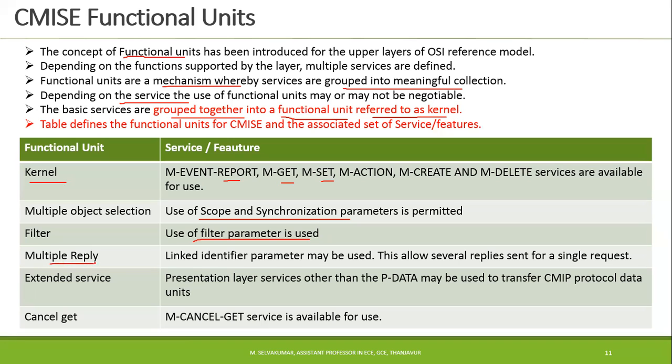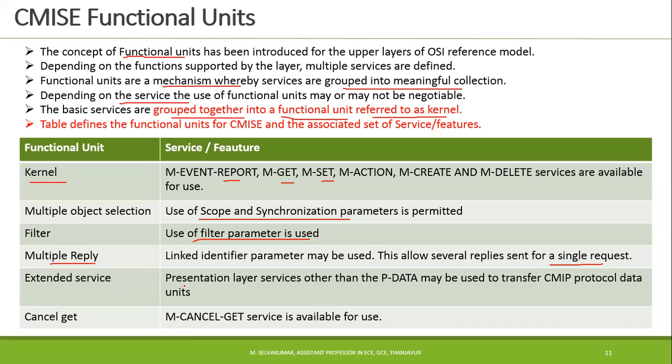For multiple reply, the linked identifier parameter may be used. This allows several replies to be sent from a single request, so multiple replies will be sent to the invoke identifier.